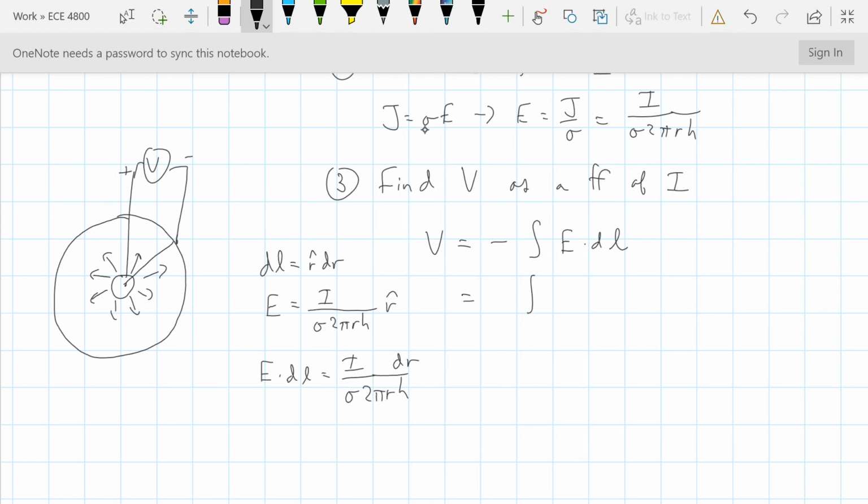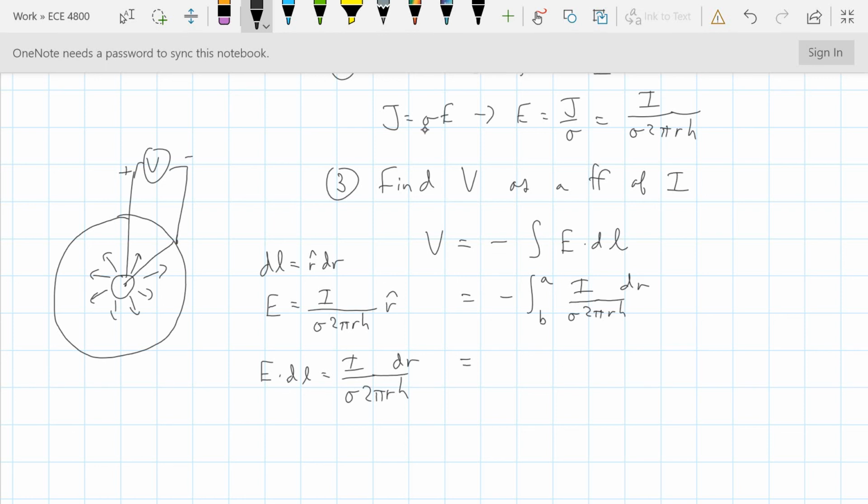So it's the negative integral from B to A of E dot dl, which is I over sigma 2 pi RH, with respect to R, from B to A.